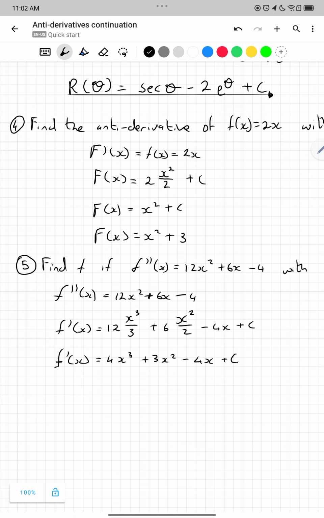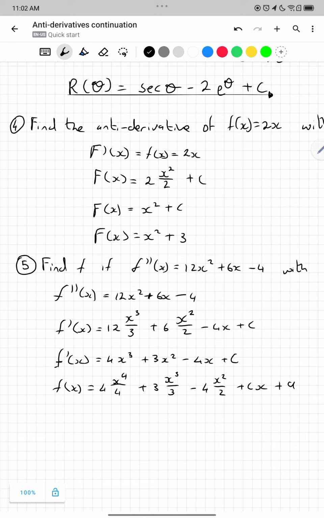And then f of x will thus equal 4x to the 4th over 4 plus 3x to the 3rd over 3 minus 4x squared over 2 plus cx plus another constant, let's call it a.